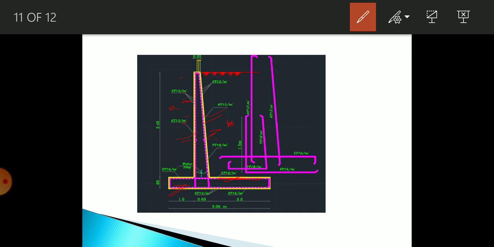So due to exposure to atmosphere it feels more temperature changes. So to accommodate that, temperature steel will be provided at this side of stem wall. So this is the main reinforcement of stem wall and this is the temperature reinforcement of stem wall.